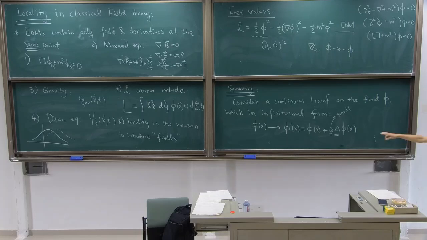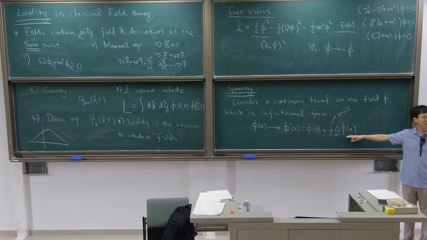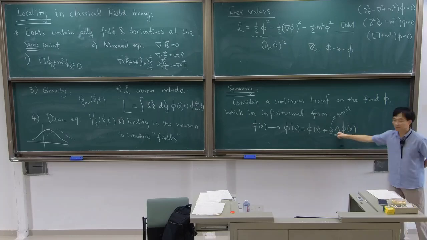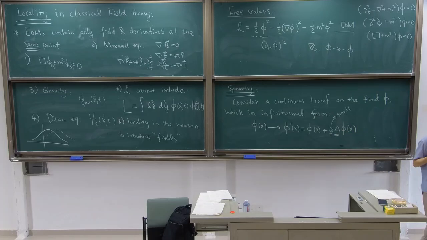This is understandable, right? This equation just means that after transformation, the new fields connect to the original fields in this way, with some particular operator. I didn't specify the operator, because this is a mathematical transformation.